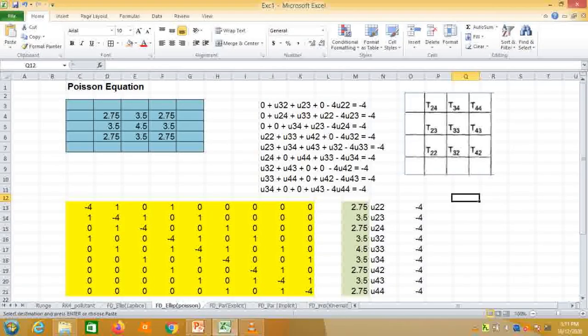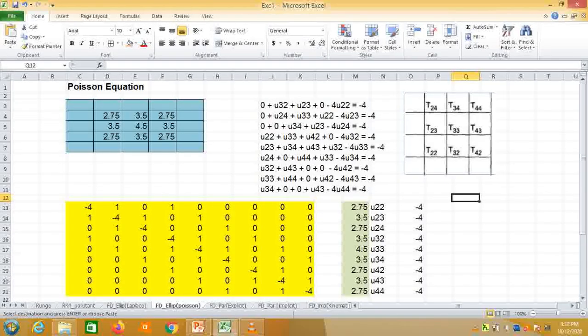Similarly for U24, it's 0 plus U34 plus U23 plus 0 minus 4 times U24 is equal to -4. Doing similarly for each one of those 9 nodes, you get this set of equations.